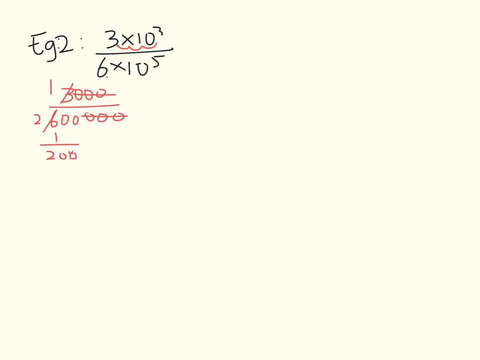And to write this in the decimal form, I will express it as 1,000 in the denominator, so I have to multiply both the denominator and numerator by 5, so I get 5 over 1,000, and that will give me, so again, you move the decimal point to the left if dividing by 1,000, so 0.005.